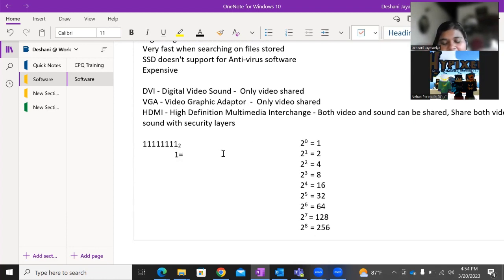So 1 into, what's the 2 to the power 0 value? It is 1. So we are getting 1 into 1, the rightmost one. Next we are getting 2 to the power 1, which is 2, so it will be 1 into 2. Like this, the whole value has to be translated.